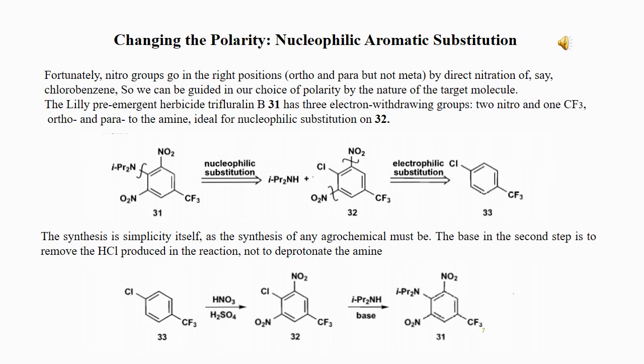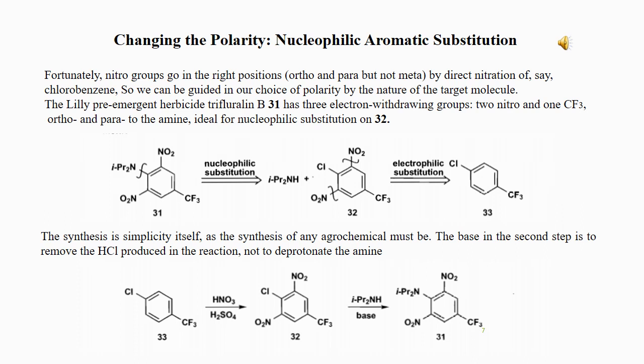So we can be guided in our choice of polarity by the nature of the target molecule. If we do the disconnection here in 31, as there is a wiggly bond, you can see the C-N disconnection. So what moiety can we prepare it from? We can think of the chlorobenzene here, 32, which after reaction with diisopropylamine can give 31.